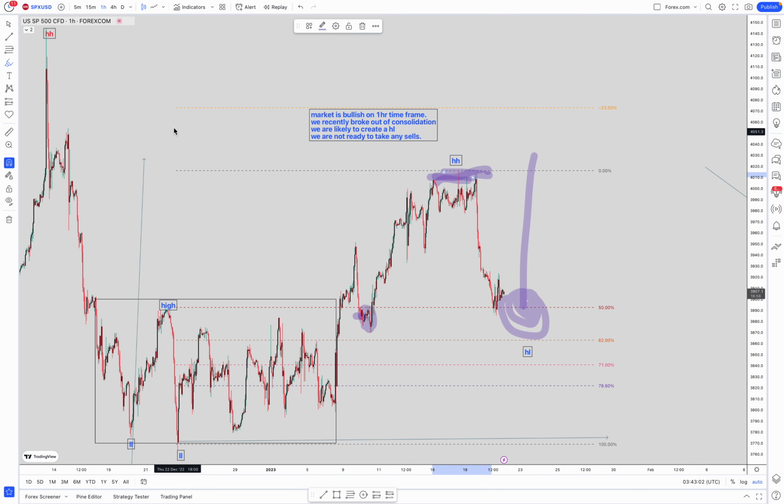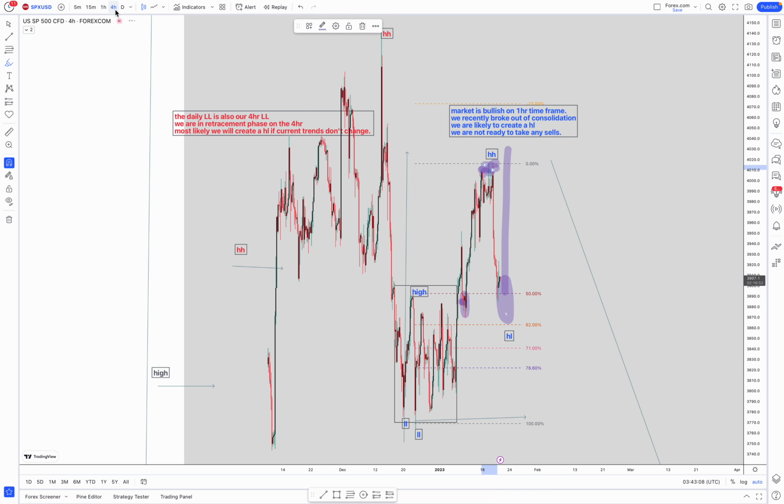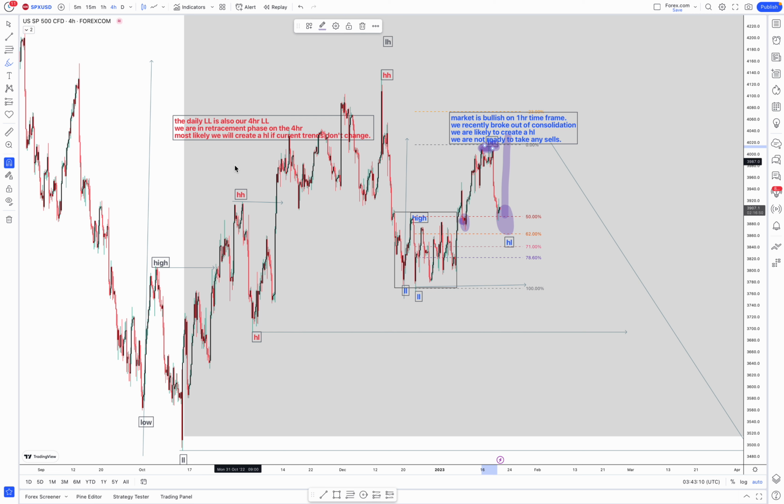But as we can see, the 1 hour tells us the market is still bullish. The 4 hour tells us the market is still bullish because this low hasn't been taken yet.